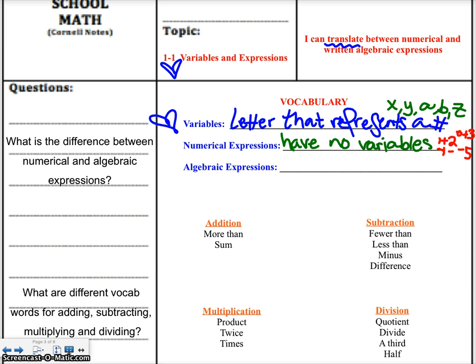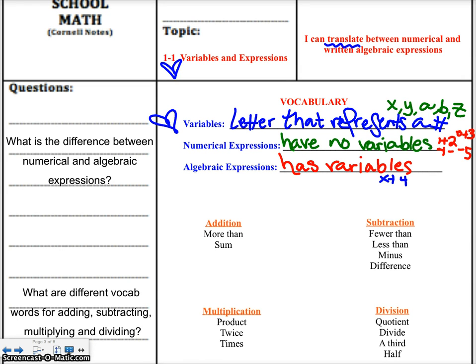An algebraic expression then has variables. So part of your learning target today is being able to identify between numerical and algebraic. An example of an algebraic expression would be x plus 4.